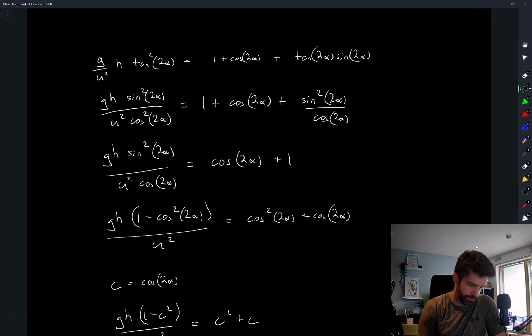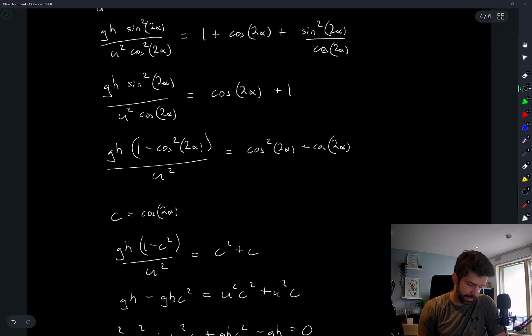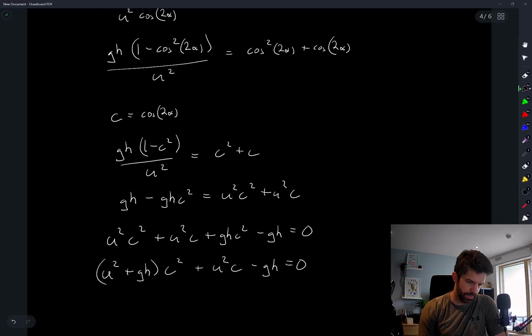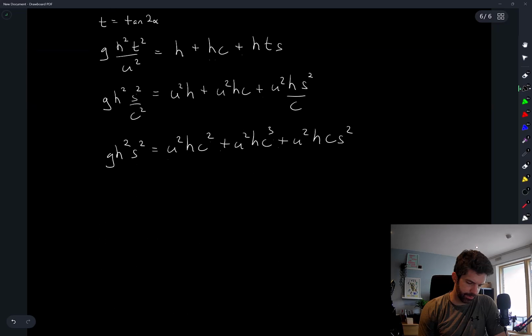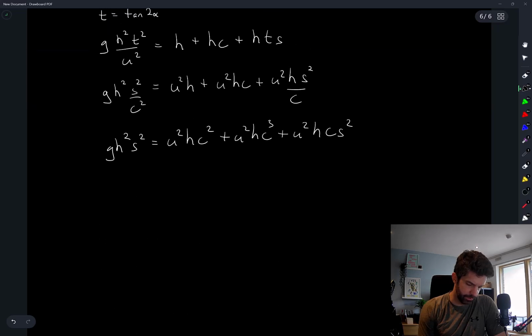So 1 just disappears there. This cosine pairs with the 1. The cosine squared becomes 1. Okay, multiply by cosine again. Why does this not work down here? Why am I getting cubes?